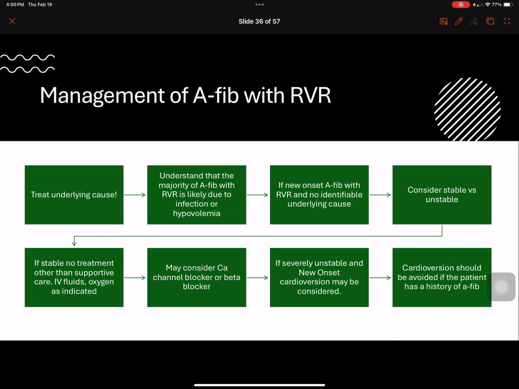So we want to be cautious. But if the patient is truly in AFib RVR and very unstable, we've got to treat the rhythm. Ideally, it's either new onset or they're anticoagulated, making them a good candidate for cardioversion. If they're not a cardioversion candidate, we could still consider pharmacological intervention in those patients. But giving a calcium channel blocker to a hypotensive patient, we have to do with caution.